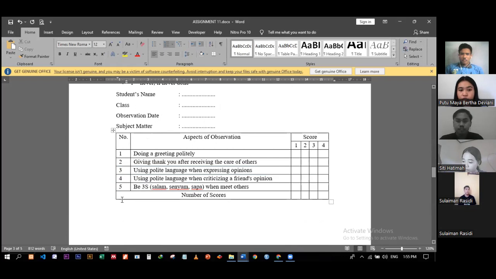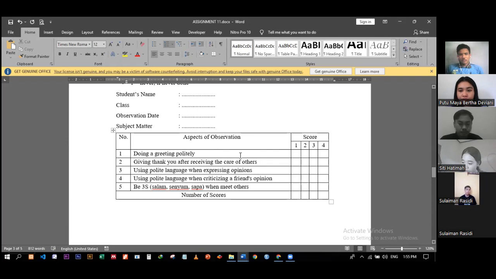Number 1 is doing a greeting politely. Second is giving thank you after receiving the care of others. The third is using polite language when expressing opinions. And then the fourth is using polite language when criticizing a friend's opinion. And the last one is D3S, salam senyum sapa, when meeting others.